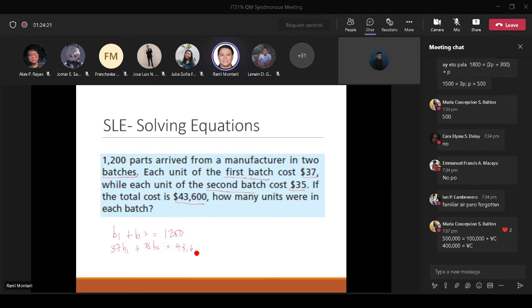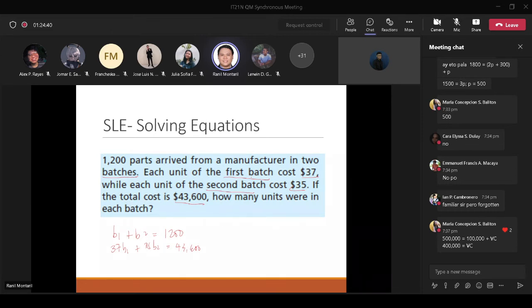How do we solve this? In substitution, we let one variable represent a certain equation, substitute that into the next equation, find the unknown, and then substitute the value of that unknown into the first equation.